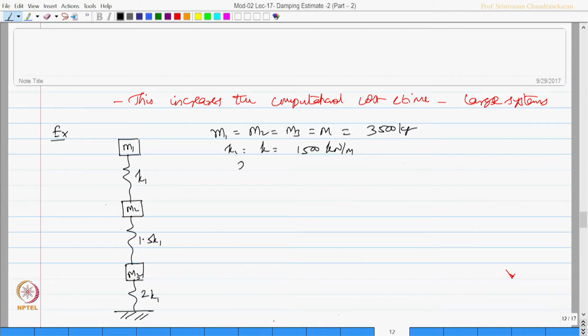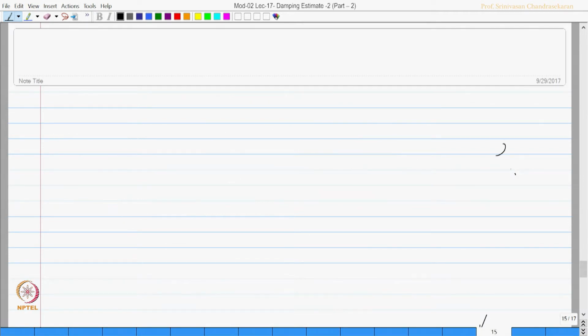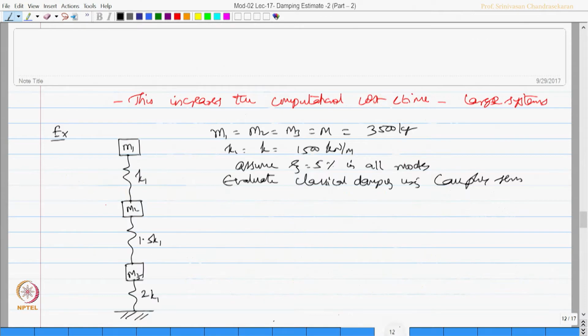And let us assume zeta 5% in all modes. So, using Caughey series, let us evaluate classical damping. Okay, that is the question asked.